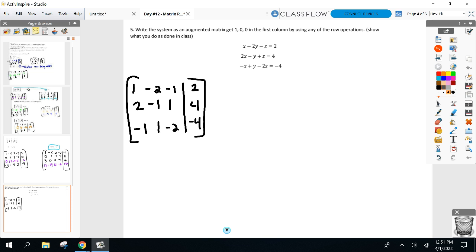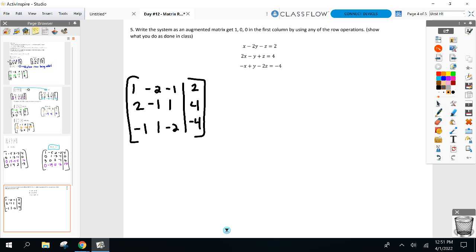What do you already have in the top? A 1, so that's done. You don't need to do anything. That's my goal at the end.